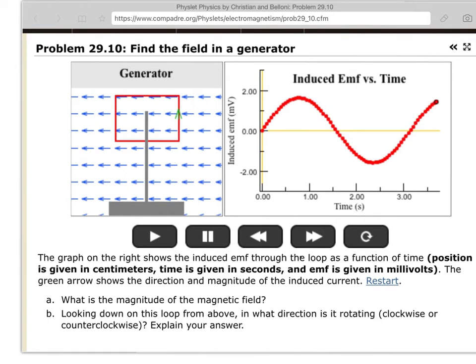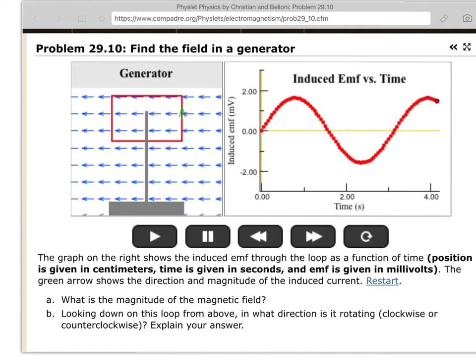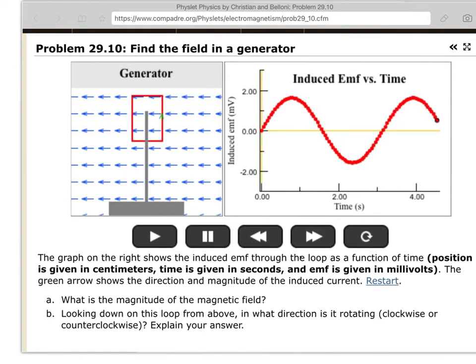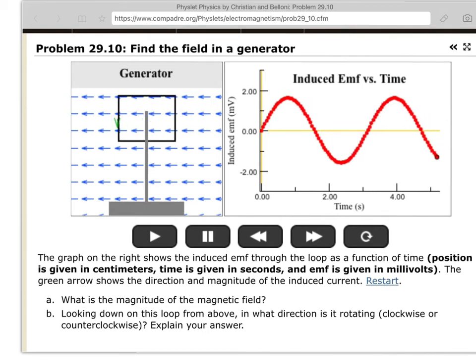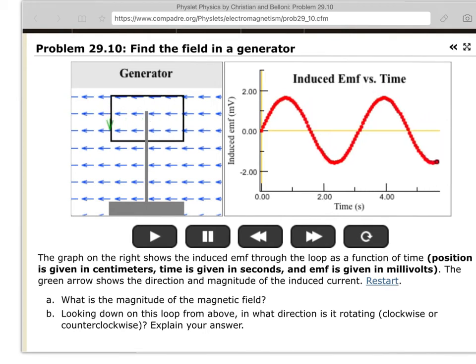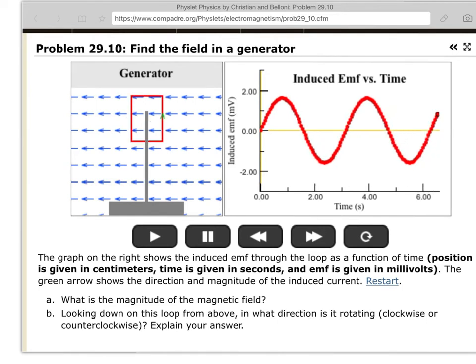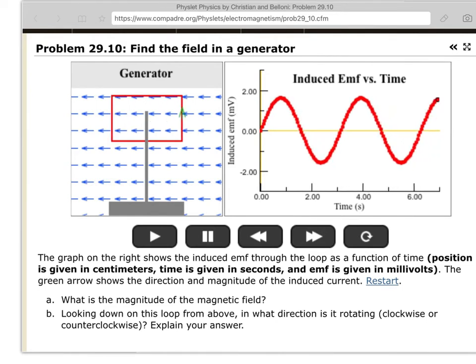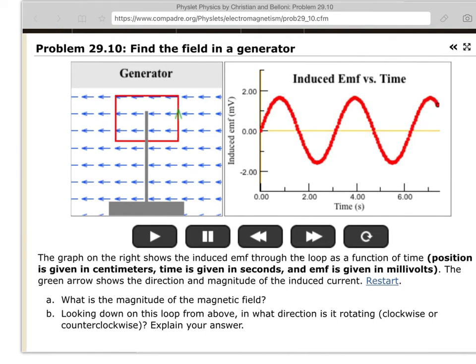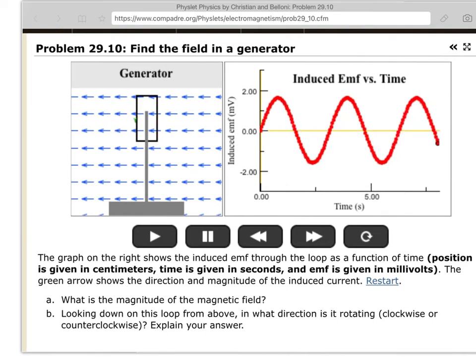Notice the blue line's going in one direction, the field is constant, and it oscillates back and forth. So the flux through the loop changes, producing a sinusoidal induced EMF output. How does that make sense? Can we make sense of that?